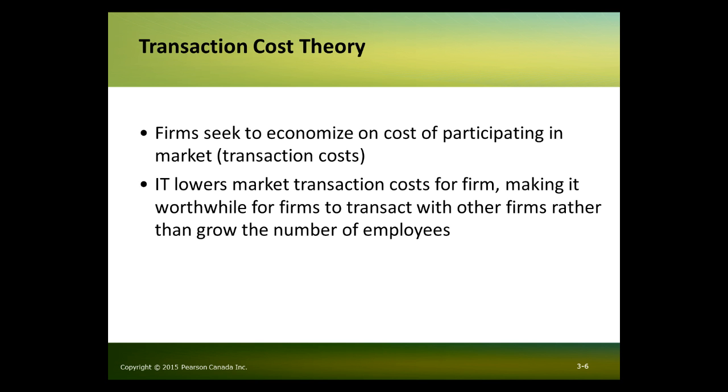One of the concepts we talked about, we have two theories in this chapter, one called transaction cost theory and one called agency theory. We talked about this one already, where firms seek to economize on the cost of participating in the market, their transaction costs. They try to lower these, making it worthwhile for the firm to transact with other firms and potentially grow their business.